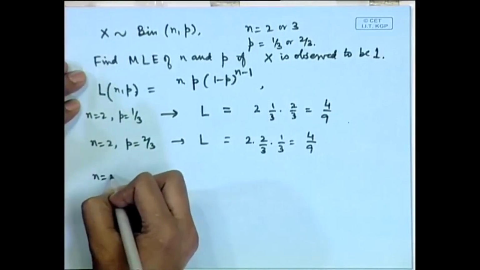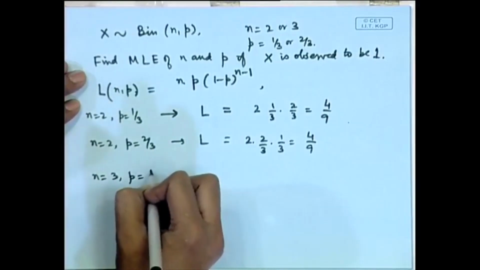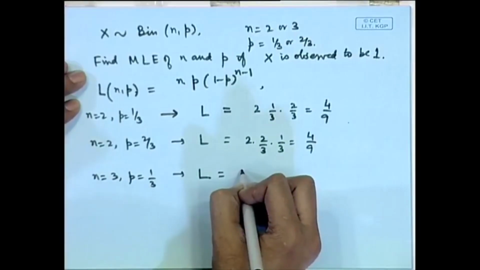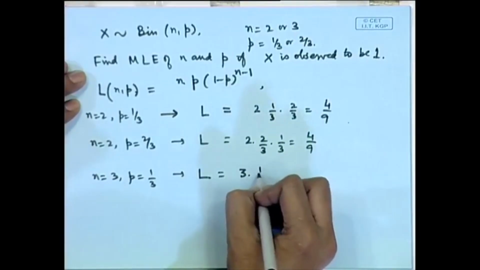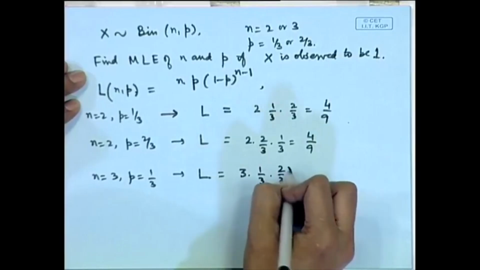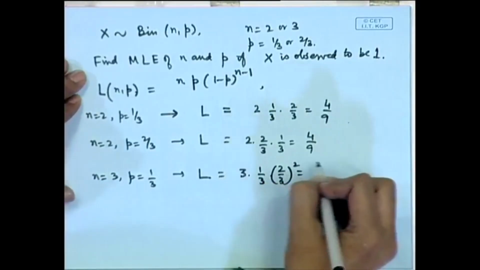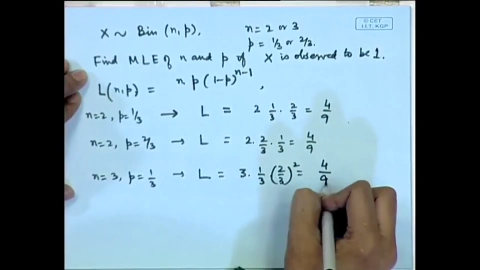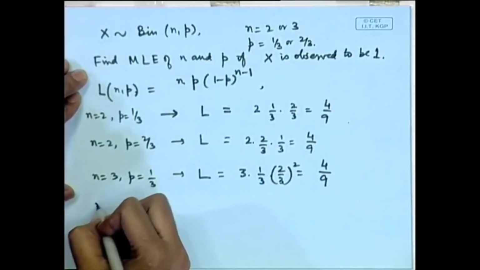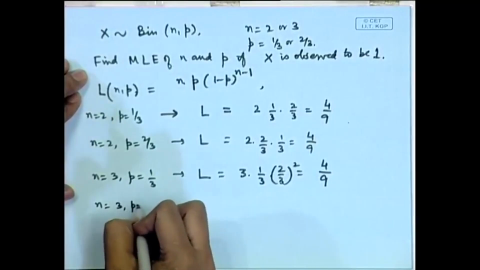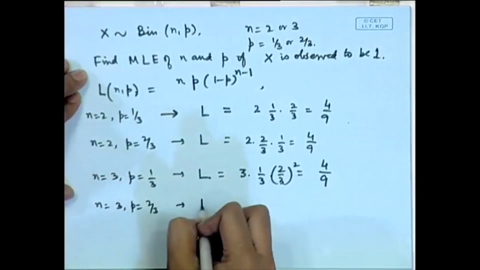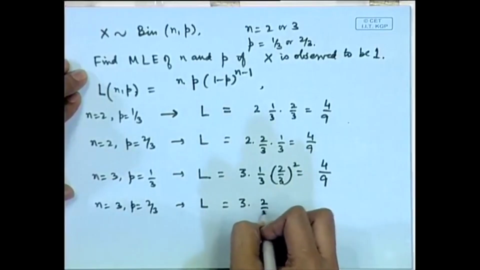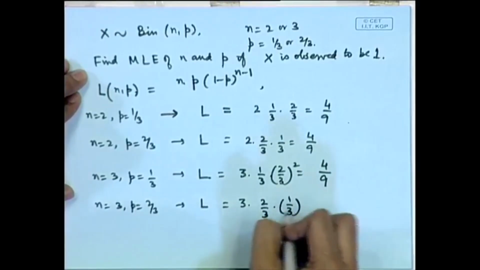When n is equal to 3 and p is equal to 1/3, the likelihood function value is equal to 3 times 1/3 times (2/3) square, that is equal to 4/9 again. And n is equal to 3, p is equal to 2/3: here the likelihood function value turns out to be 3 times 2/3 times (1/3) square, which is equal to 2/9.